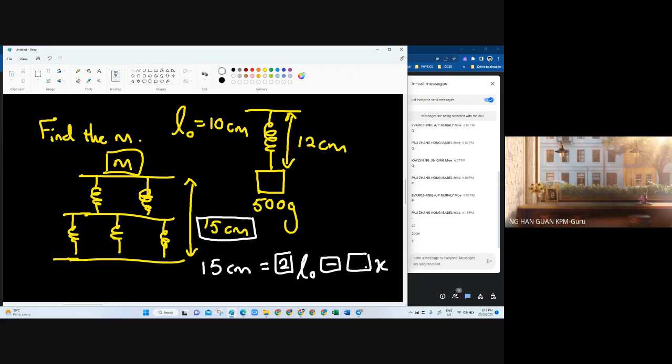Anyone know? All right, so we have the 2 labels here, right? Based on these 2 labels, we have the 2 original lengths. So this one, label 1, we have the original length minus how many extensions here?